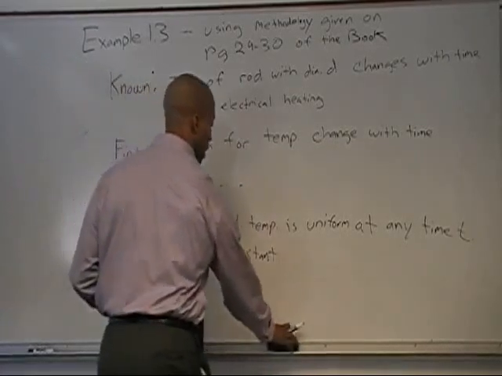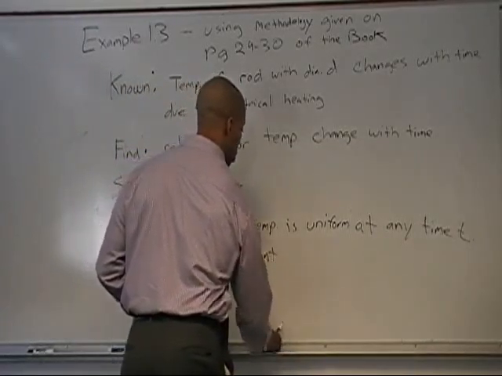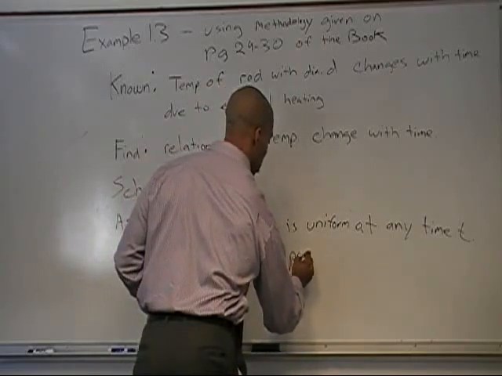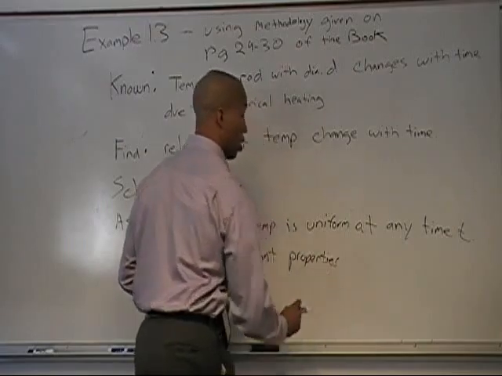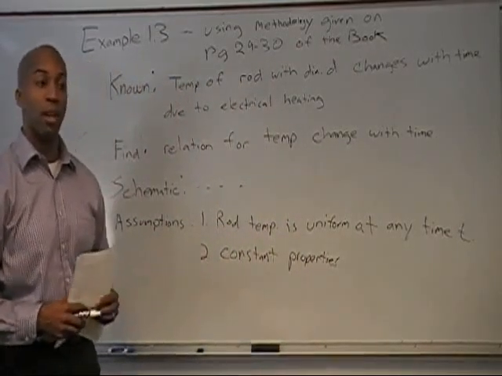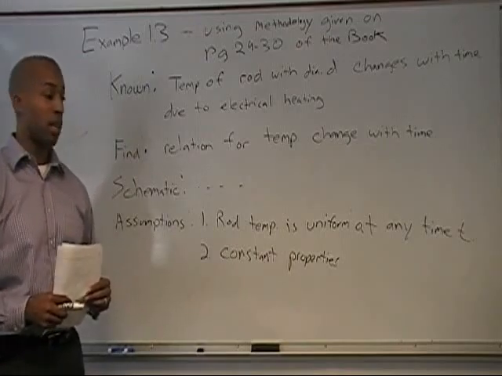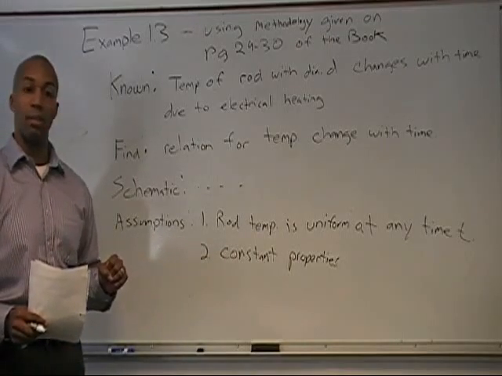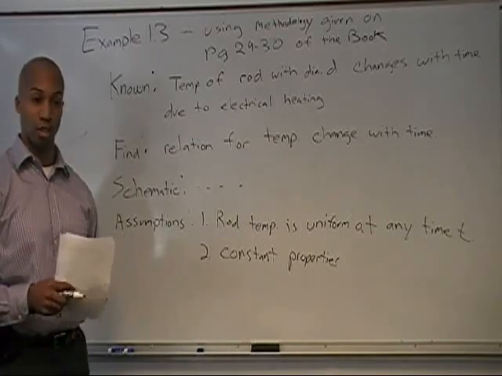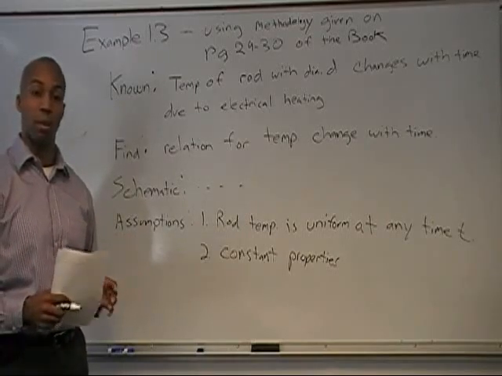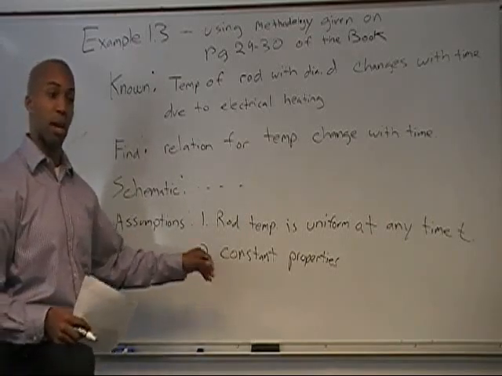So constant properties, it simplifies the problem for us. And frankly, we wouldn't learn in this class, we don't have enough time, the type of analysis that it would take to deal with properties that are changing like they can in real life. We may introduce some of that later on, but for the most part, we're going to be making assumptions about properties being constant.